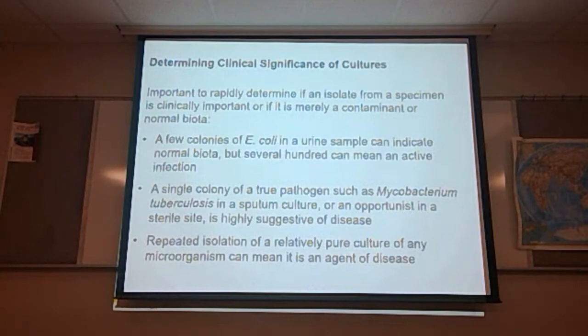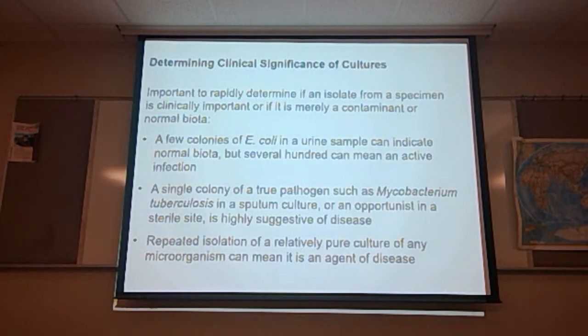What is the usefulness of determining the clinical significance of cultures? It is important in a diagnostic way to rapidly identify if an isolate from a specimen is clinically important, or is it merely a contaminant or normal microbiota.